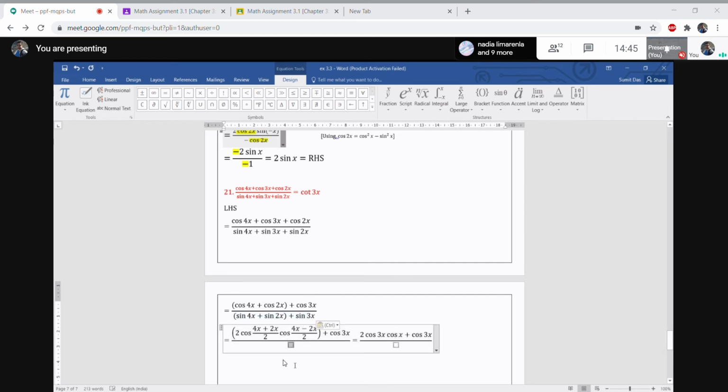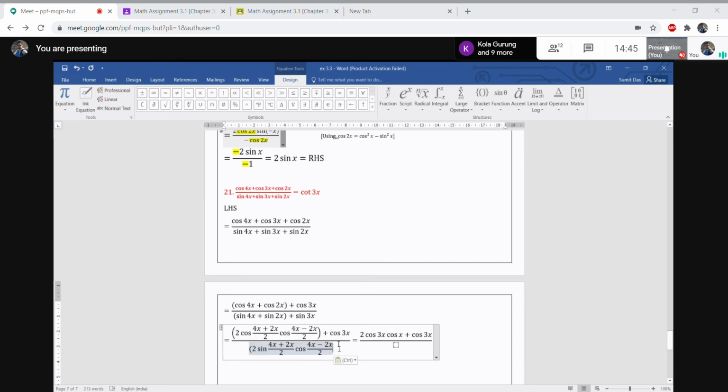So in the bracket the formula is sine x plus sine y, which is 2 sine of (x plus y by 2) into cos of (x minus y by 2).